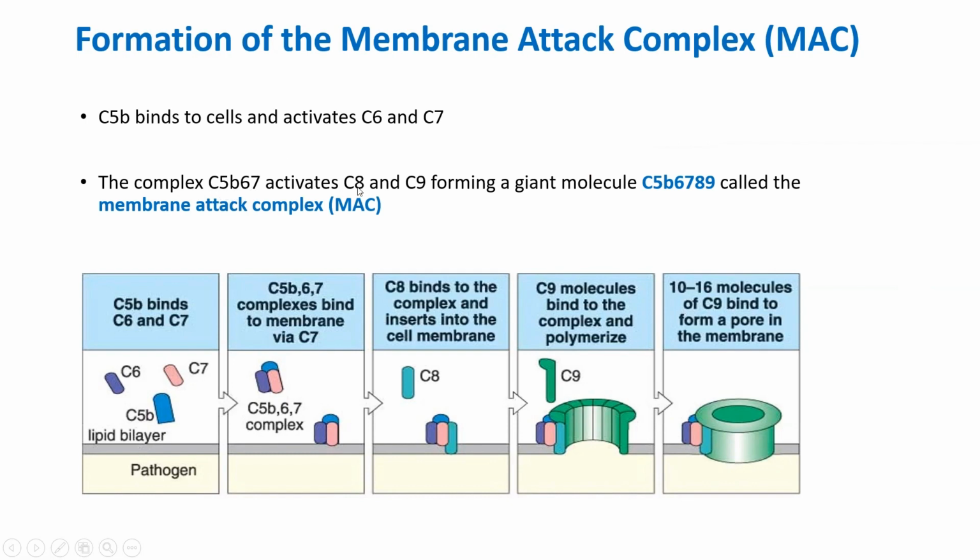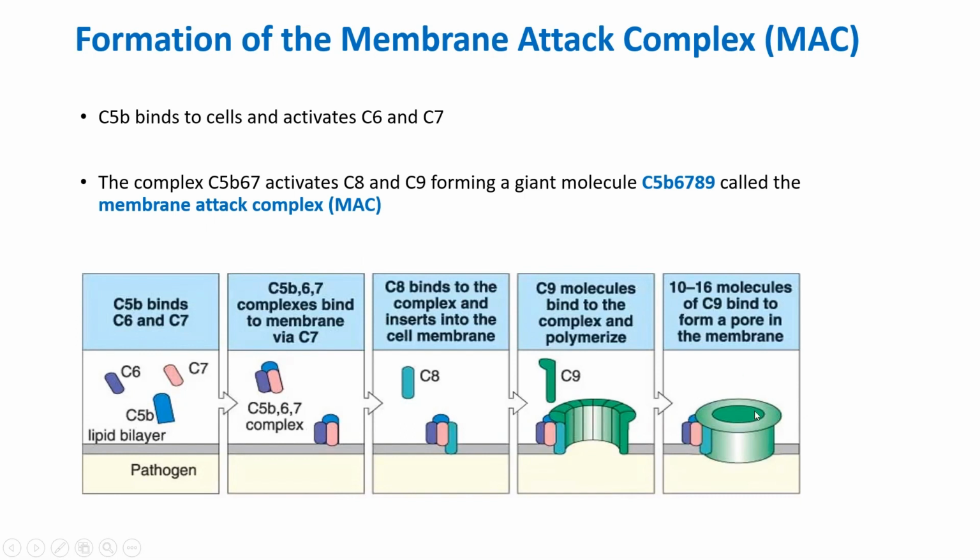These activate C8 and C9, so that they all come together to form C5b, 6, 7, 8, 9, which is now called a membrane attack complex, the MAC. So this is basically C5b activating C6 and C7, and then we end up forming a C5b67 complex, which activates the binding of C8, then C9.